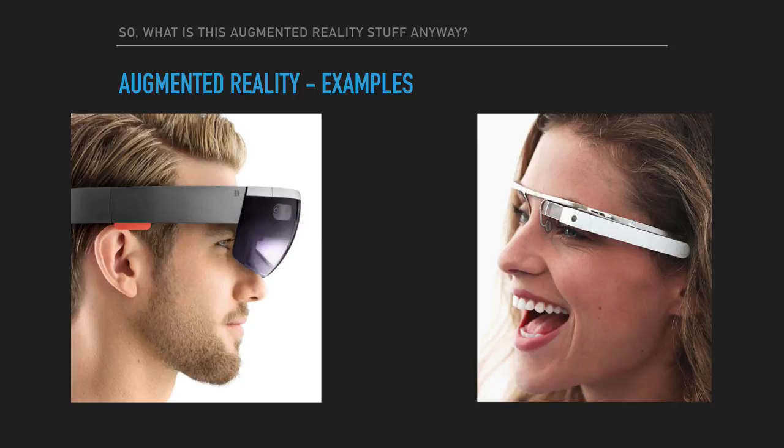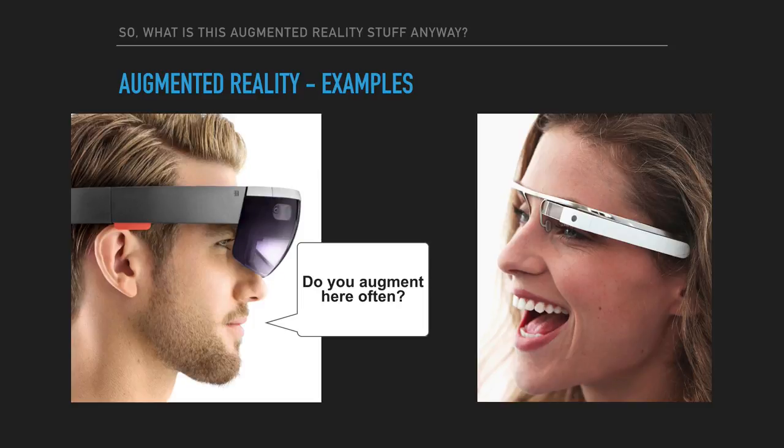The next big one coming up is the Microsoft HoloLens. You won't see them calling it augmented reality anywhere. They call it holographic computing, but really it's just augmented reality. It's a screen in front of your face. It's adding things across that screen. It's augmenting your reality. So as you can see from these slides, augmented reality is only for beautiful people.